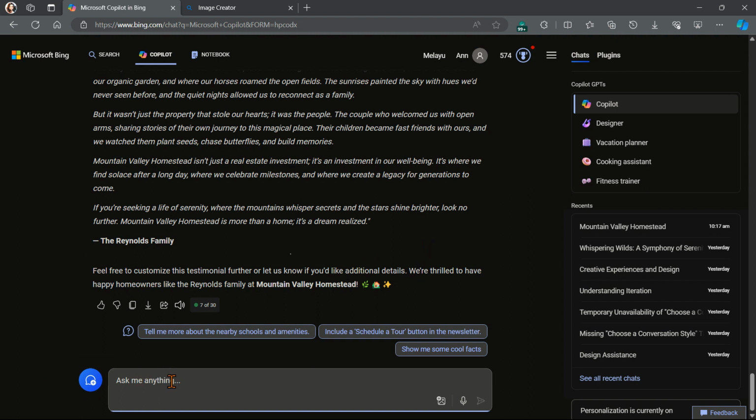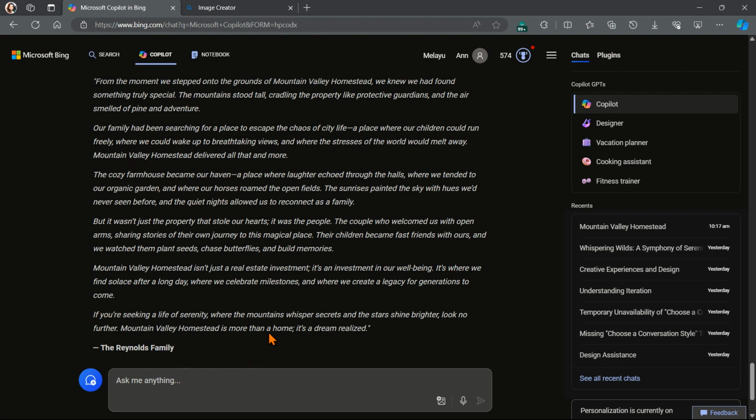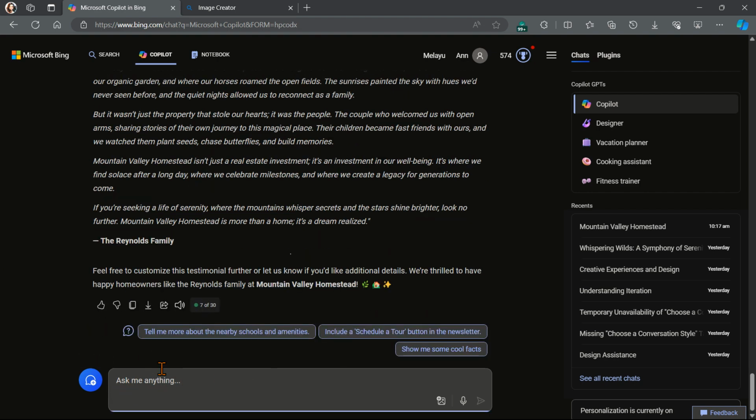So I'm going to say thank you to Copilot. At least I'm teaching Copilot, and myself, that it helped me write a newsletter, generate images, and create an article based on the image that Copilot generated.